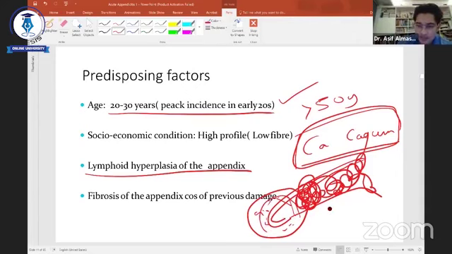If you remember, initially the inflamed appendix, the sympathetic nerve supply, the sensory nerve supply, goes to the spinal cord and goes to the brain. Now what is the brain thinking? This is an autonomic supply.